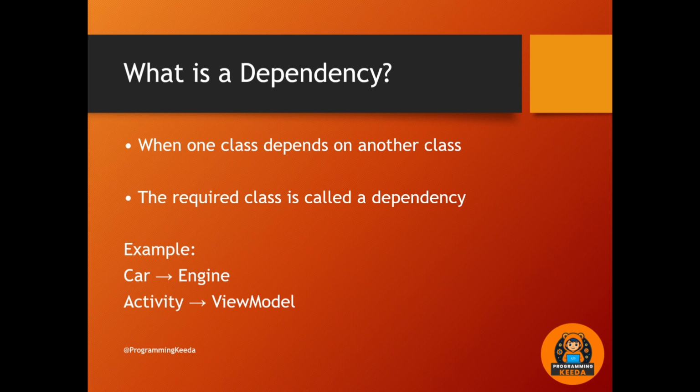Similarly, in Android, activities often need a ViewModel. A ViewModel needs a repository, and a repository needs an API service or database. In all these cases, the ViewModel, repository, and API service become dependencies. Dependencies are very common in software development, and managing them properly is extremely important for writing clean code.